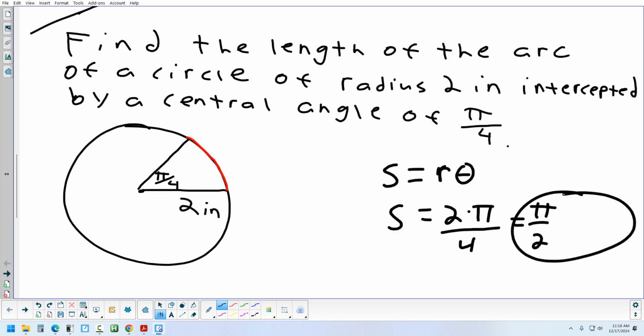There does need to be a label on that. What label should I put on that since it's a length? In this particular problem, lengths were measured in inches, so it's about 1.57 inches. That's it. Any question on how we got that?